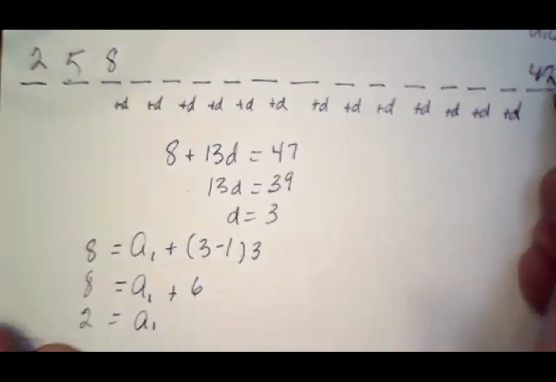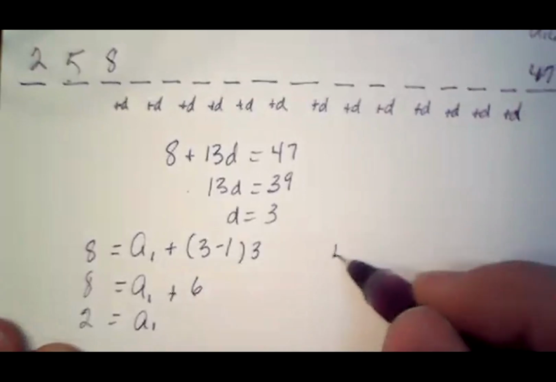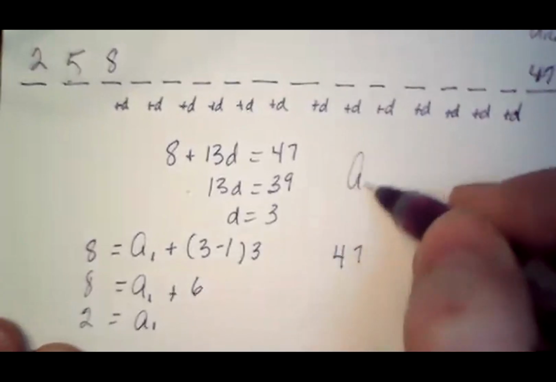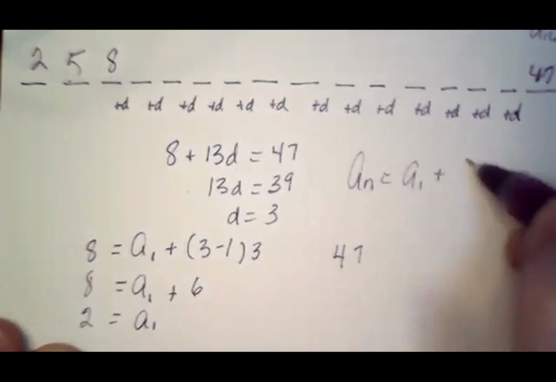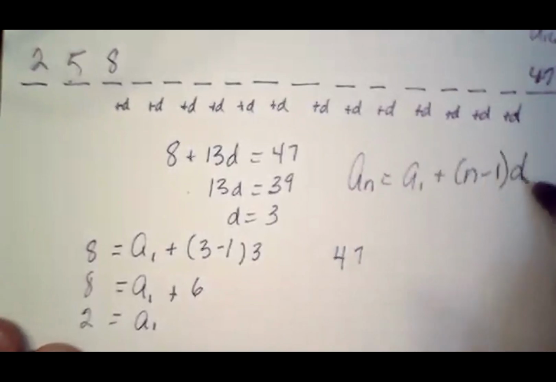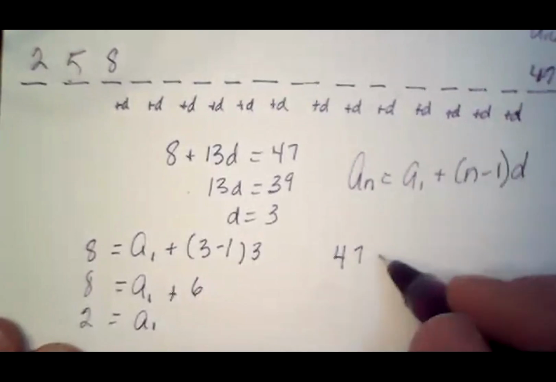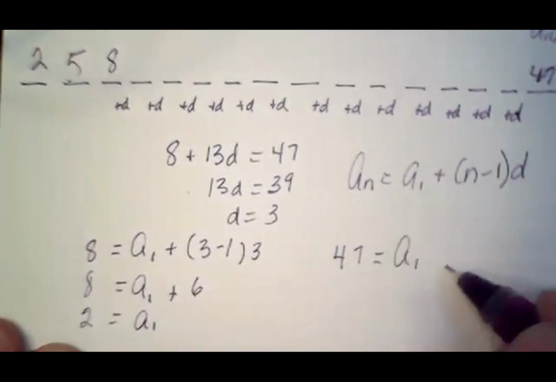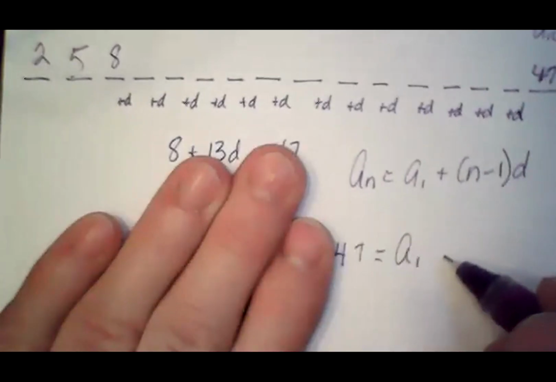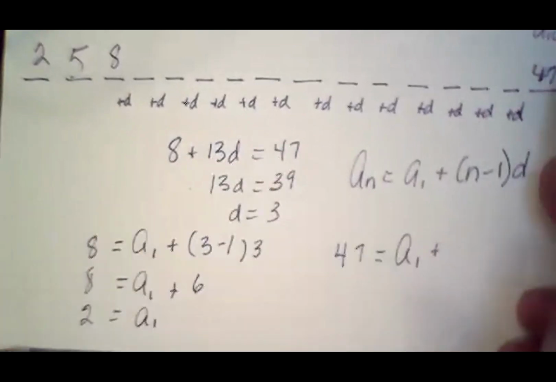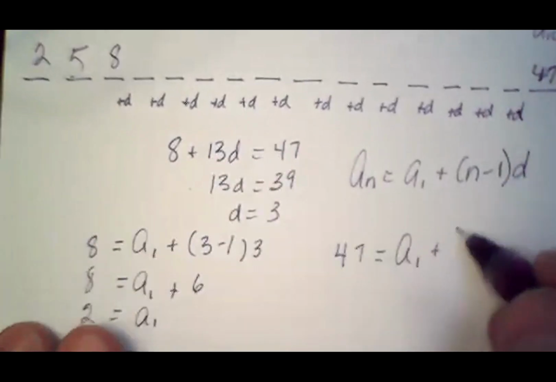I could have chosen to use 47. And I'm using this formula. Okay, so the 16th term is 47. The first term I still don't know if I hadn't done this. N for 47 would be 16.